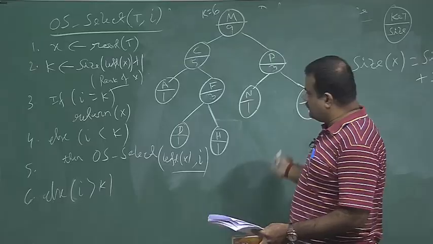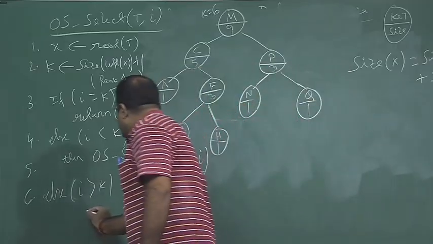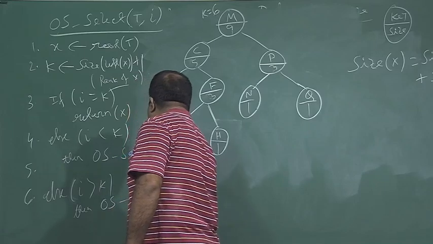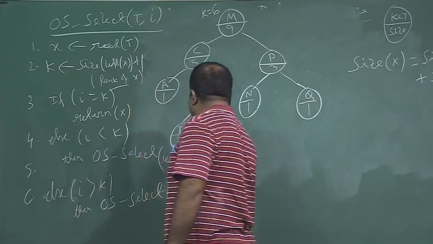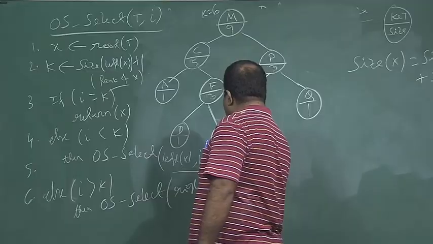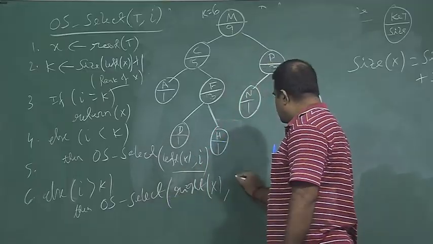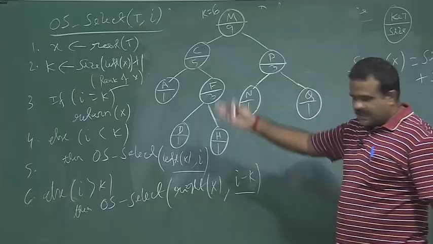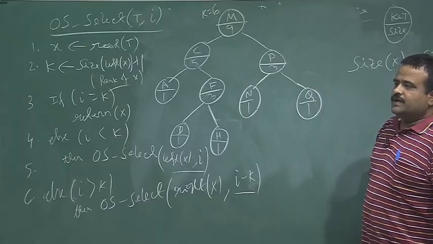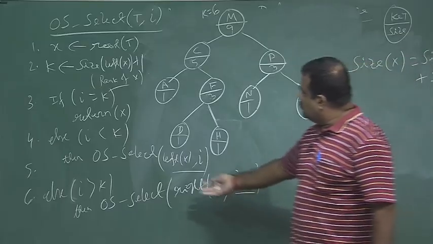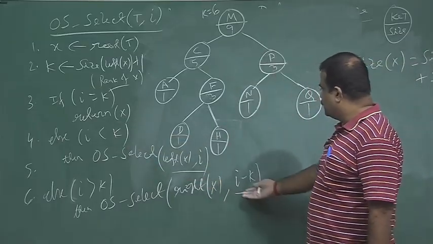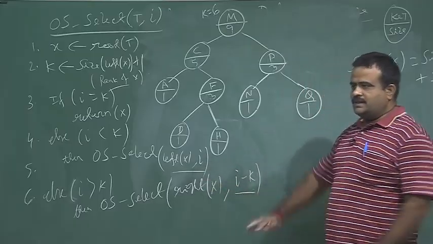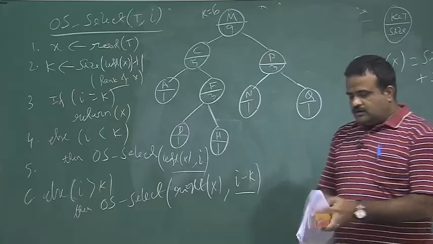We have to go for the right part of the tree, then we return OS select of the right of x, but with the i minus k smallest element. So, this is the i minus k smallest element in the right part of the tree. Okay. So, this is the code.